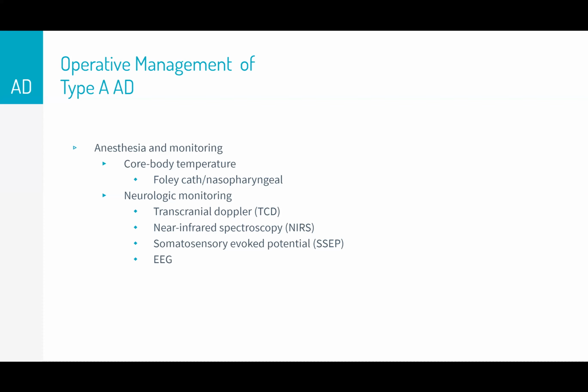Yes, this is the gold standard to check for, what do you call it, to decrease the metabolism of the brain to the minimum to go into circulatory arrest. When you say the gold standard, what do you mean by that? I mean, when they build the new technologies to check for the metabolism of the brain during hypoperfusion state, they use the EEG as the gold standard to compare it with.